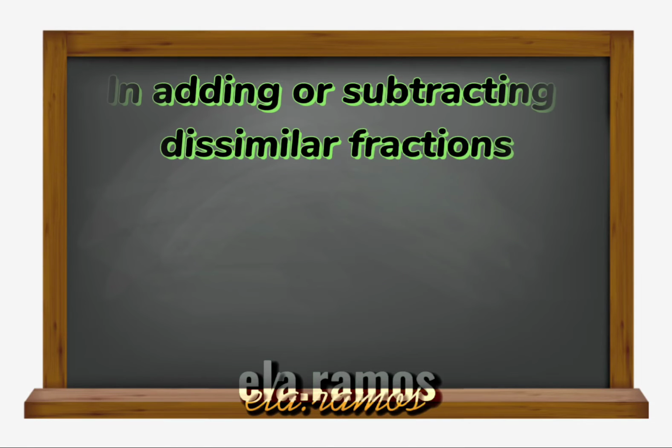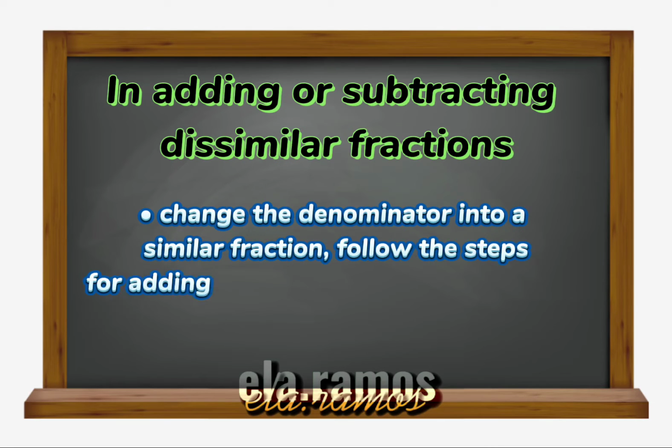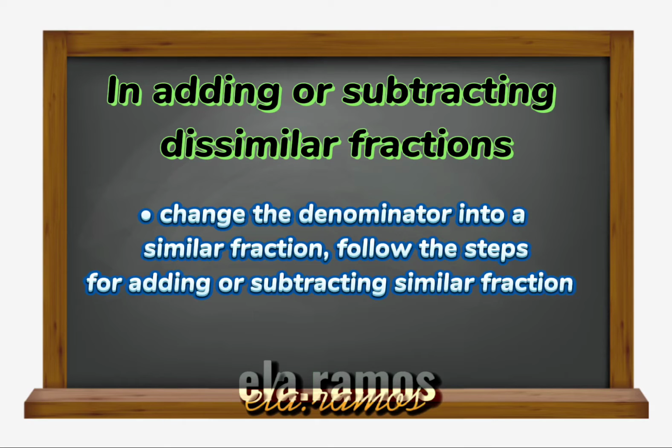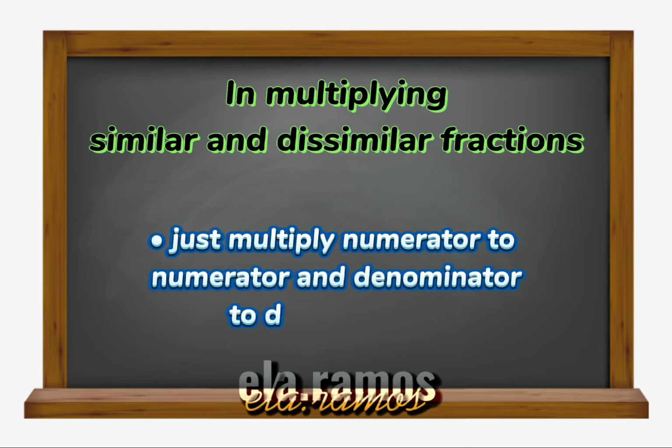Now for adding or subtracting dissimilar fractions, just change them into similar fractions by using the LCD or least common denominator method, and follow the steps for adding or subtracting similar fractions and simplify if possible. For multiplying similar and dissimilar fractions, we just multiply the numerator and the other numerator, and the denominator and the other denominator.